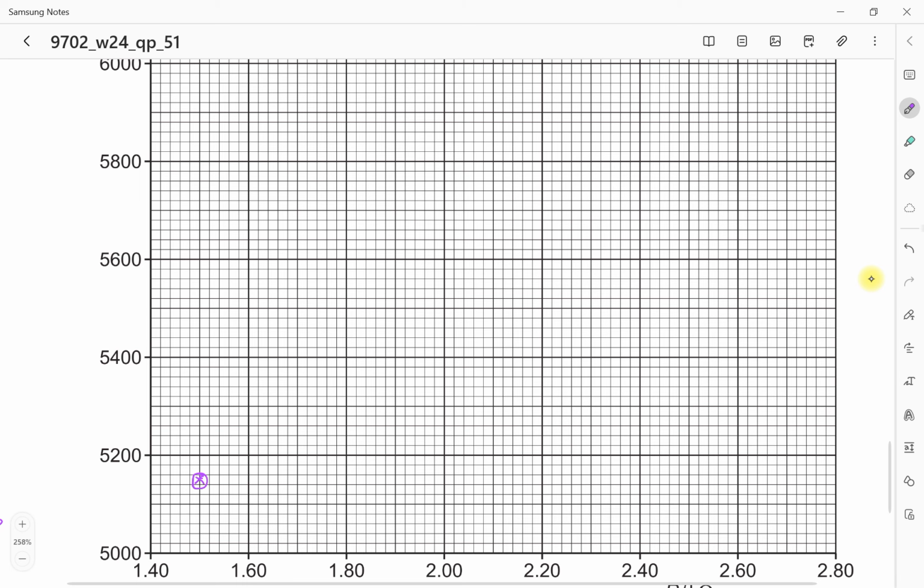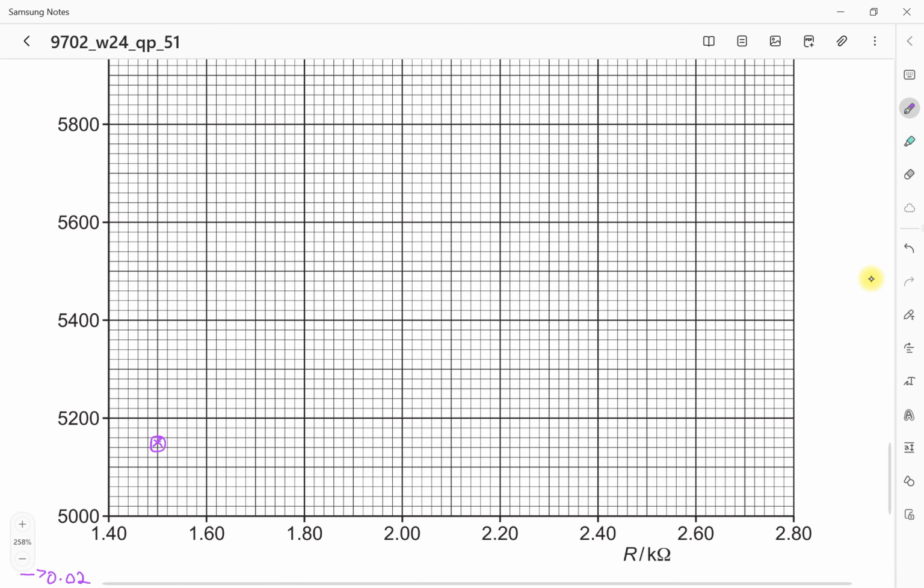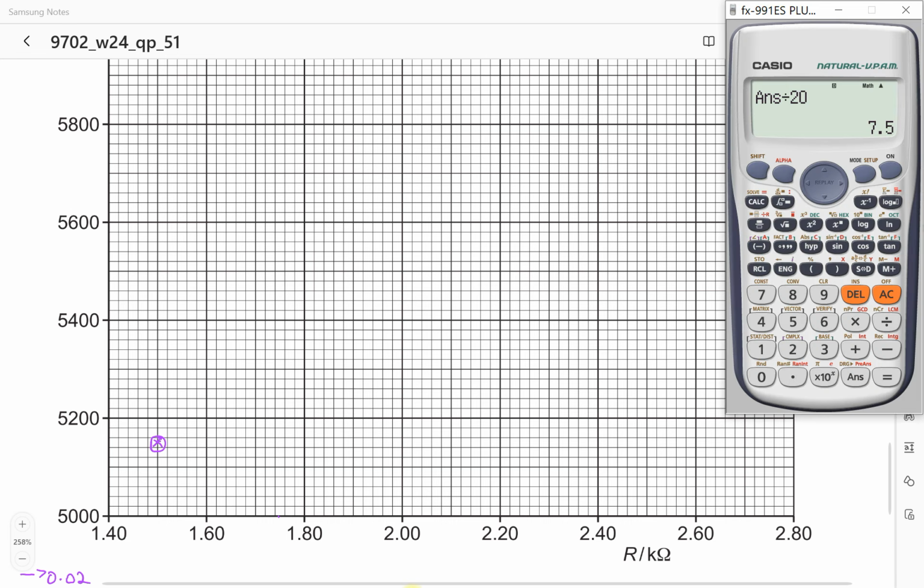Then the next point is 1.75. This is 1.7. Remember, each box is 0.02, so 1.75 is in the middle of that box. It is plotted against 5560. So 5560 minus, what is the nearest?